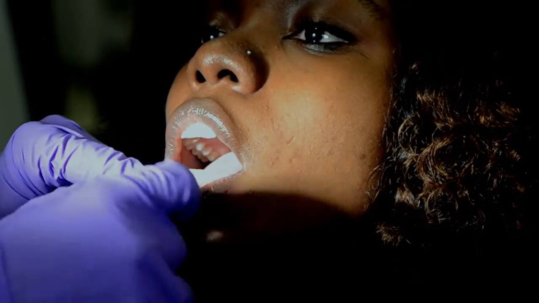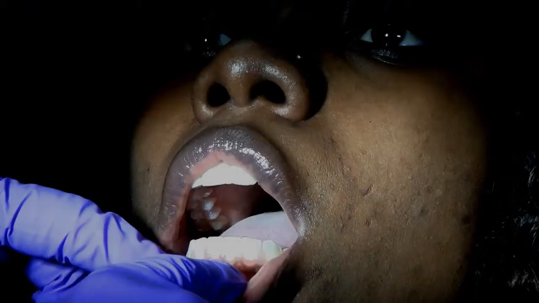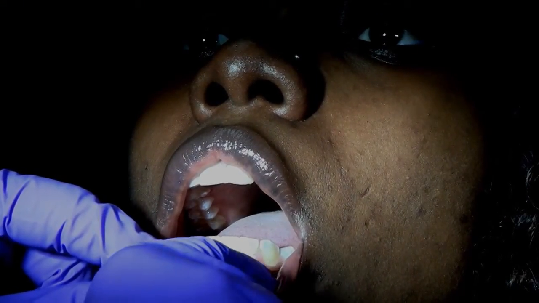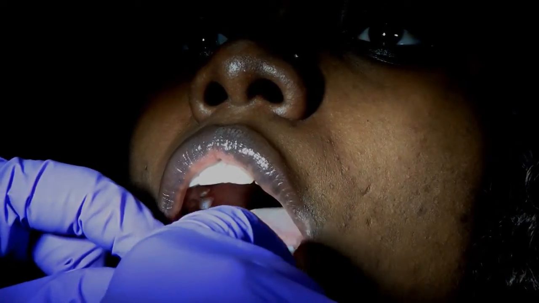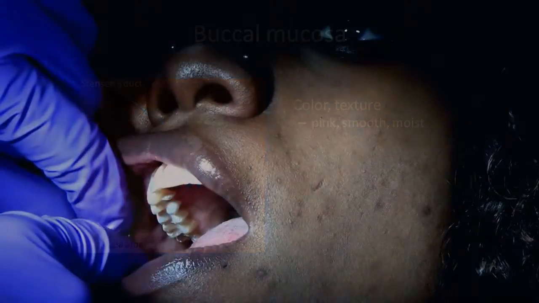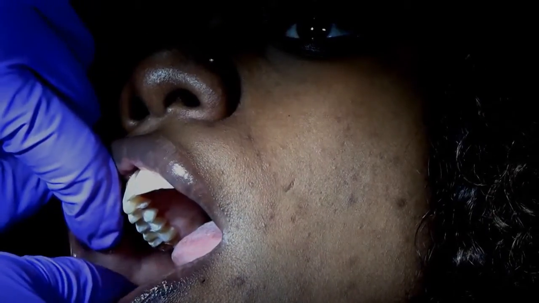We would also take note of the mucogingival junction, which we can clearly see here. The melanin has deposited in the attached tissue, the keratinized attached tissue, and then below that we have the non-keratinized movable tissue. And then from there we would want to move into the buccal mucosa and just look for any obvious lesions there. And it should be smooth and pink and glistening and moist.